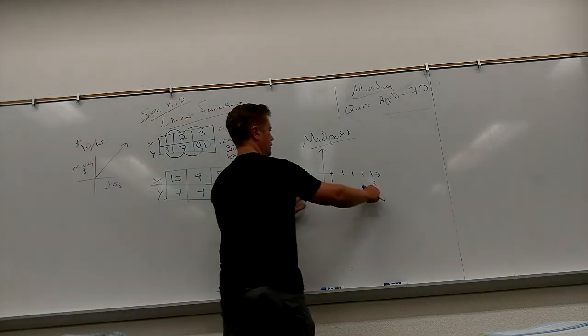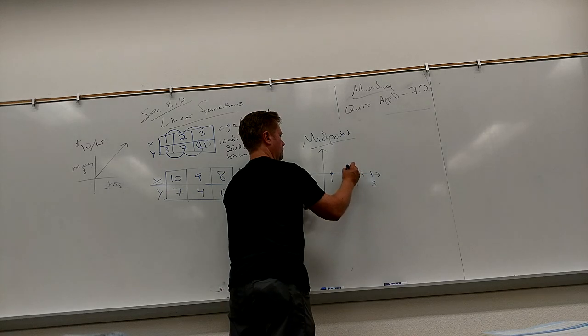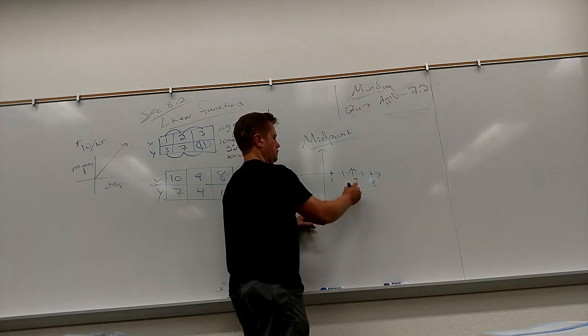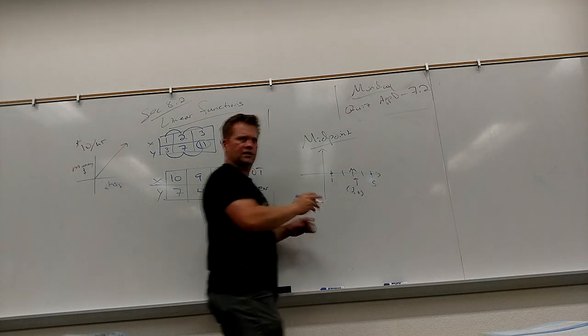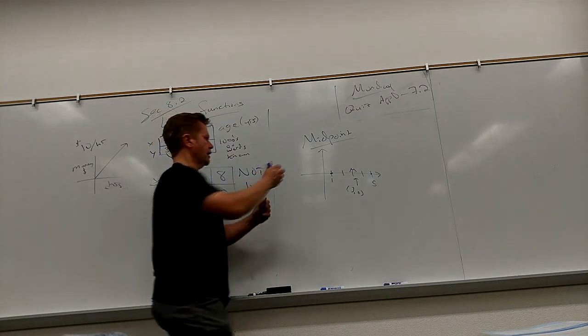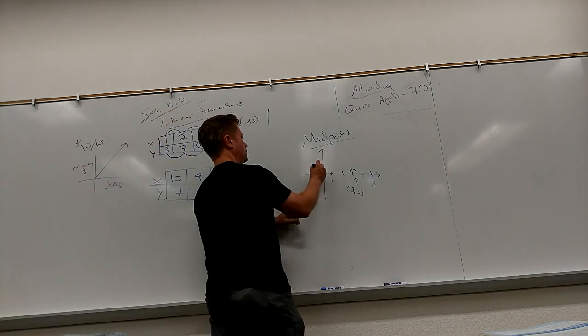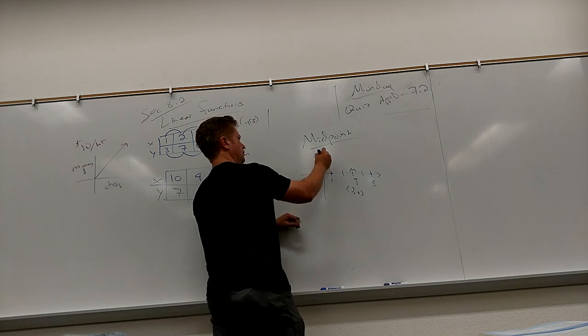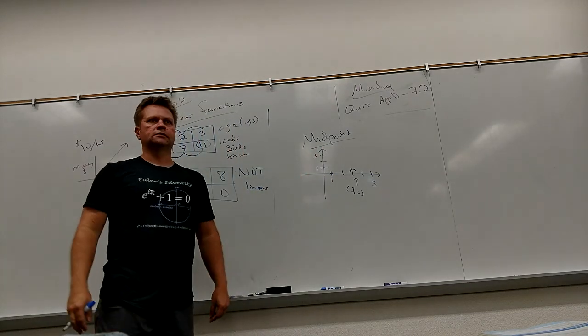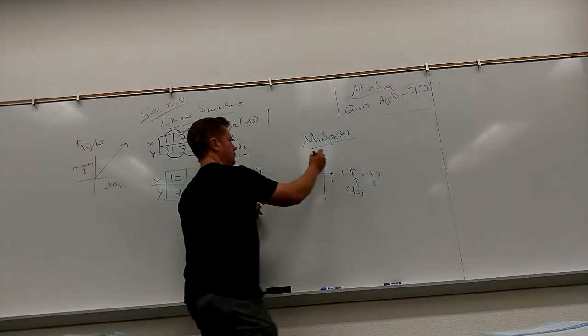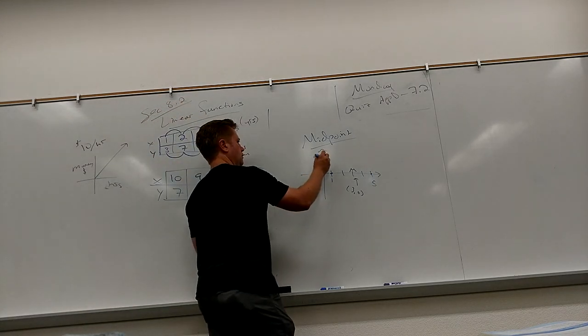That's 1, 0 and that's 5, 0. The midpoint would be 3, 0. What if I add the points on this axis? What would the midpoint there be? 0, 2. So here would be the midpoint, 0, 2.